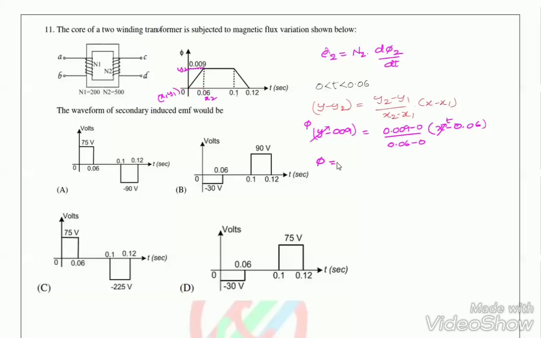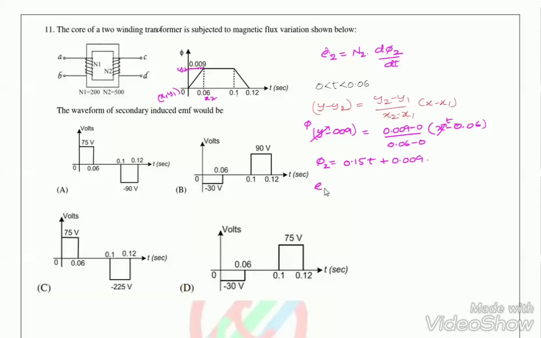Finally, substituting in the equation, phi is equal to 0.15 t plus 0.009. This is phi 2.